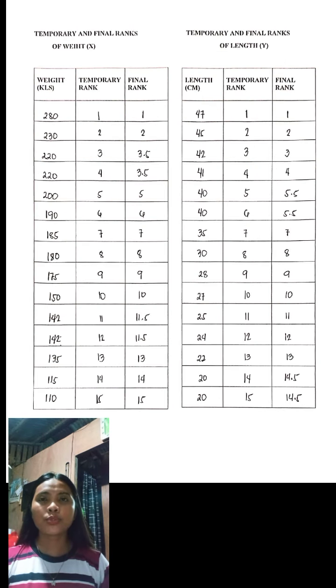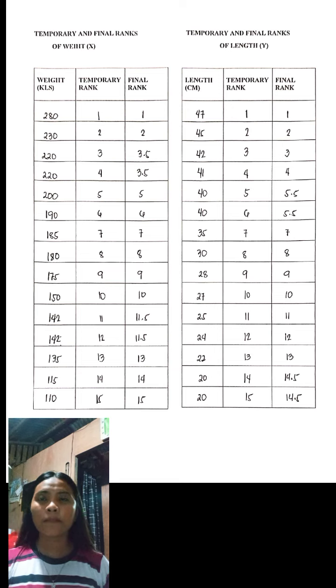So let's go to our next tables here. As you can see, we have the temporary and final ranks of weight, or our X, and temporary and final ranks of length, or our Y. For our first table, the first column is weight in kilos.